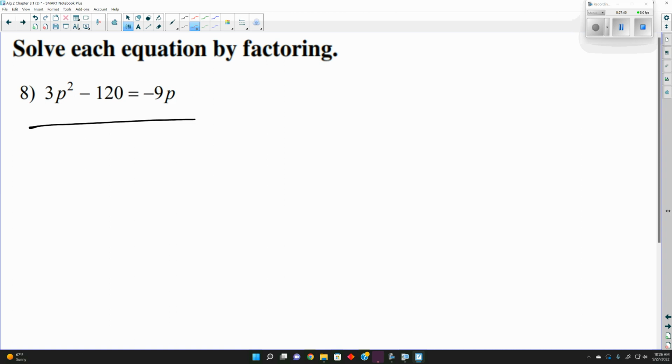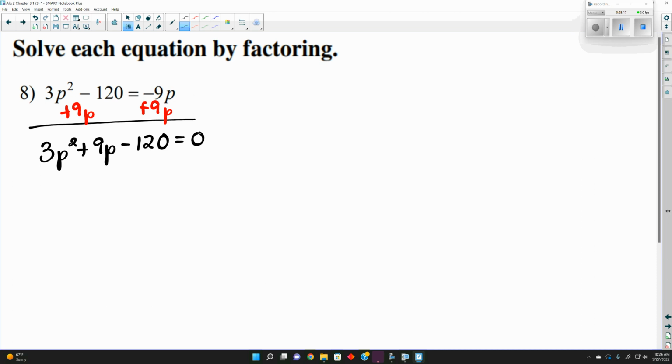So the first thing I can do is add 9p to both sides, which will tell us that we have 3p squared plus 9p minus 120. For most every single quadratic, there's only two methods that won't have it equal to 0. For most every single one, we're wanting this equal to 0.